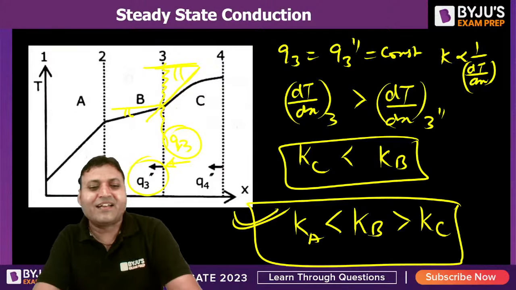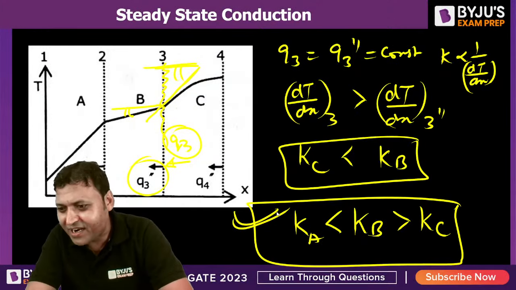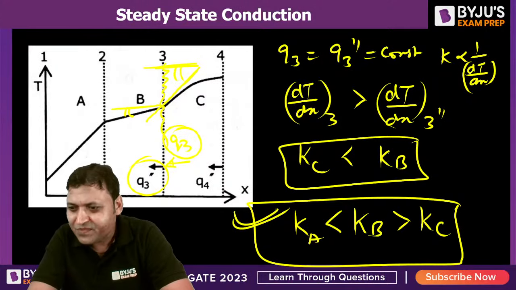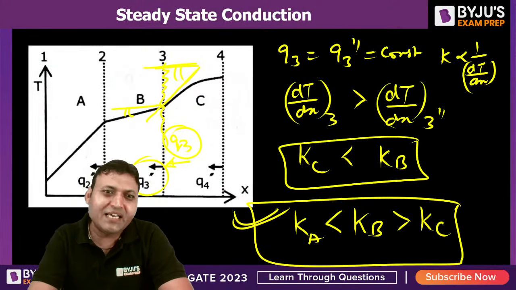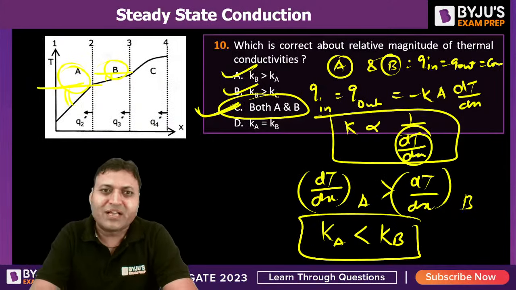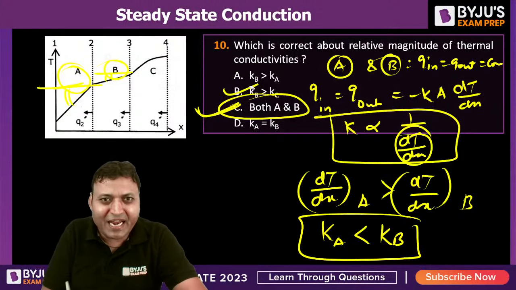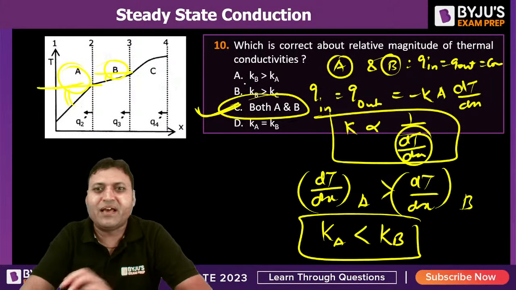That is the correct relation between the thermal conductivities. The slope is more for C compared to B. The correct answer is option C, both A and B are correct.